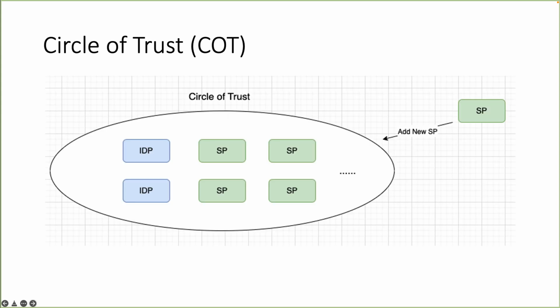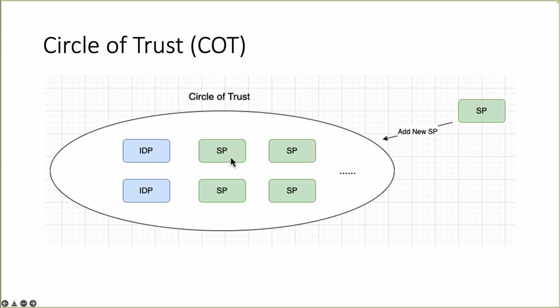Circle of trust. Circle of trust basically means a trust relationship has been established among different parties. Here you can say I'm adding multiple instances into the circle of trust. There are different IDPs, there are different SPs.